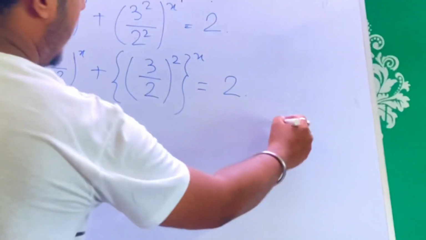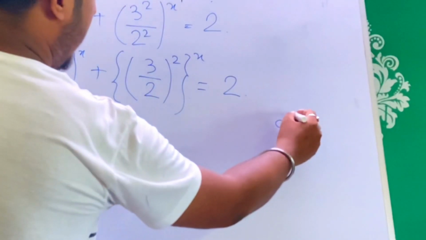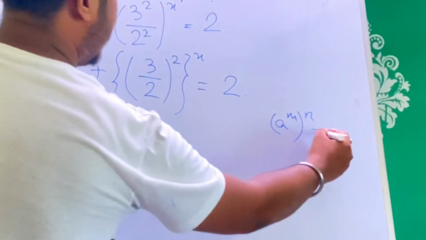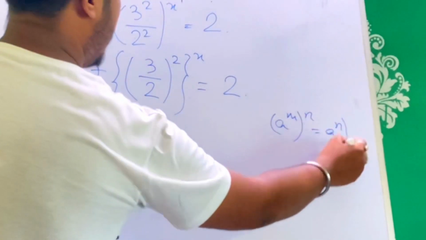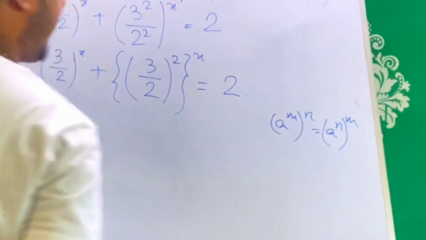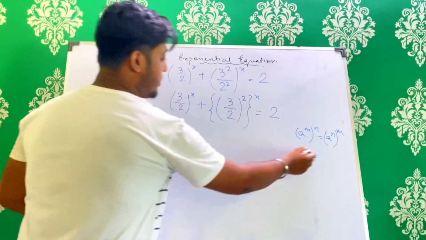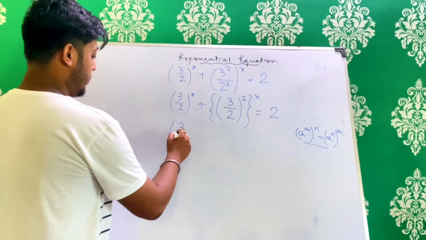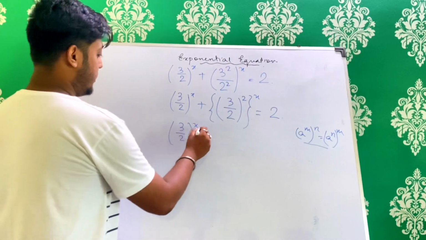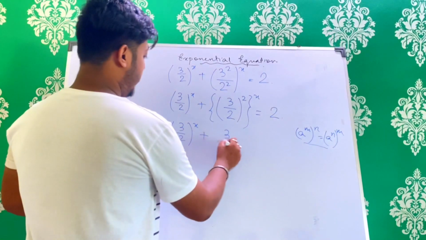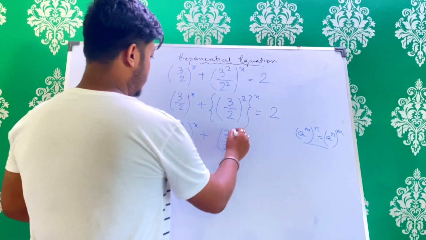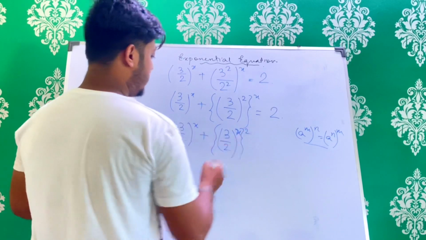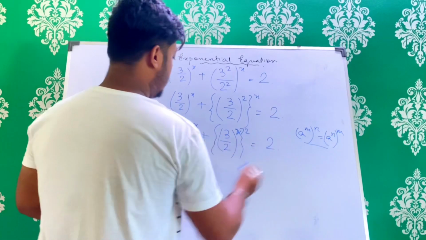Now we know a to the power m whole to the power n can be written as a to the power n whole to the power m. So we will use this in the next step. So 3 by 2 whole to the power x plus 3 by 2 to the power x whole square is equal to 2.